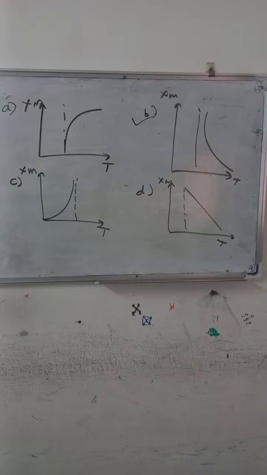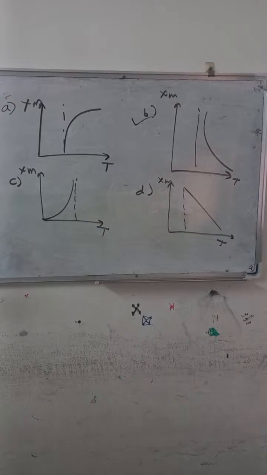So here the magnetic needle suspended, root 3 joule of work is required to rotate it through 60 degrees. The angle is given.